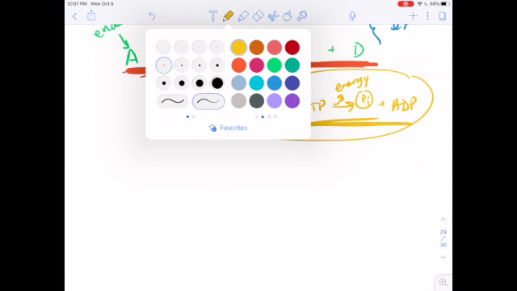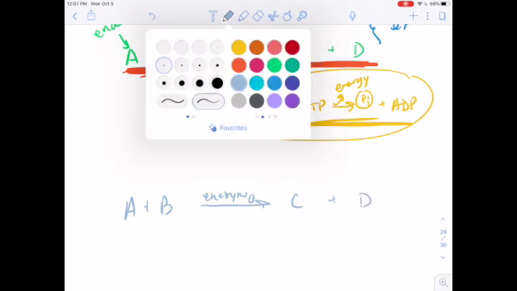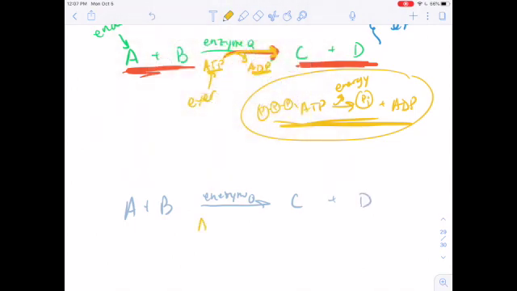But for example, let's say we've got a chemical reaction and it's A plus B, in the presence of enzyme Q, becomes product C plus D. But instead, it looks like this, ADP becoming ATP. You're like, whoa, the cell just made ATP. Isn't that cool? Isn't that the point of this? Well, yeah, but don't we know that this takes energy? This one here is an endergonic reaction. It requires energy to get ADP its initial phosphate group back to become ATP.